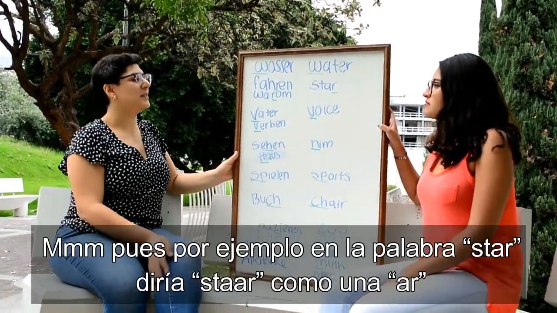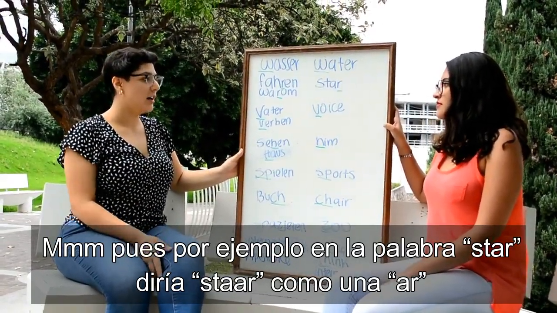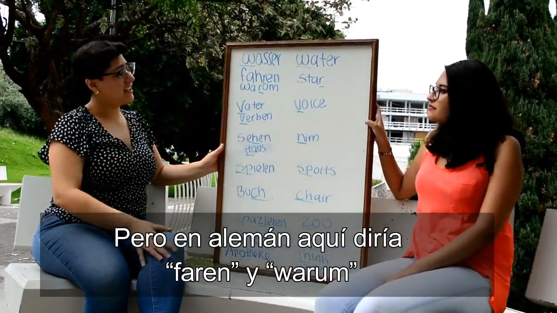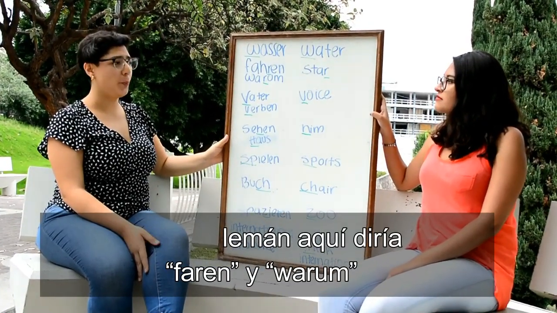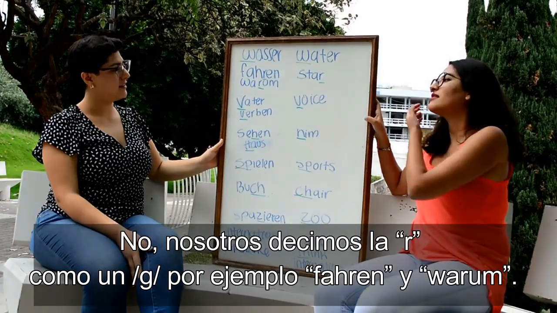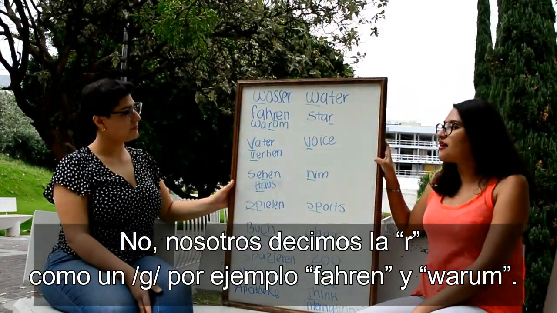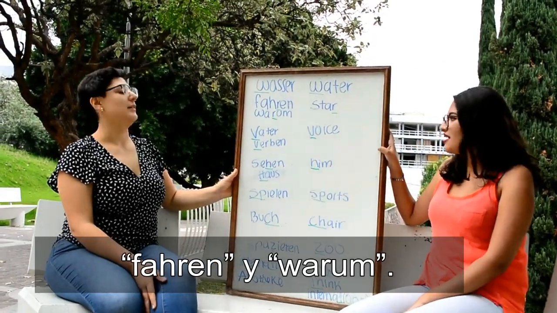Well, for example, in the word star, I would say star, like R. But in German, in here, I would have said fahren and warum. No, we say the R like a U. For example, fahren and warum. Fahren and warum. Yes, like that.